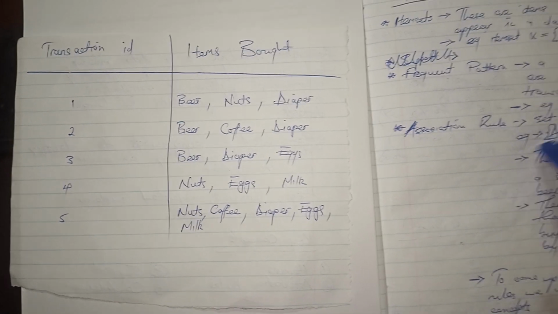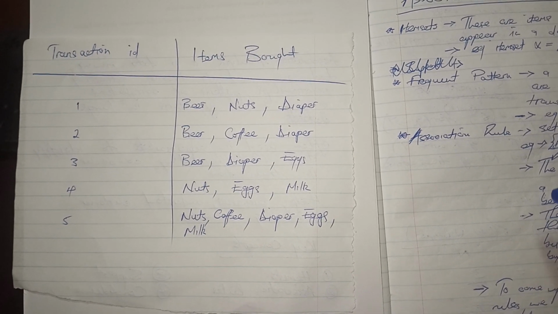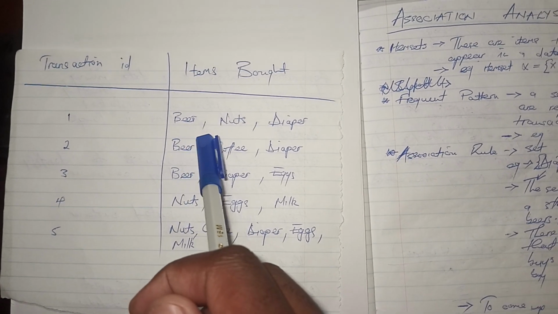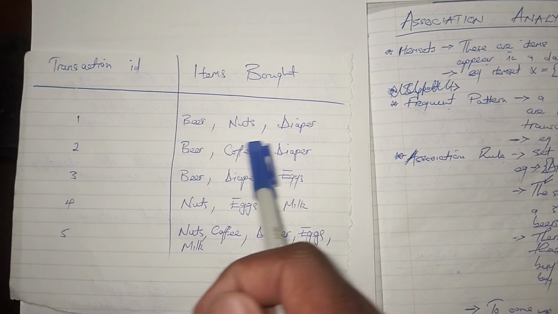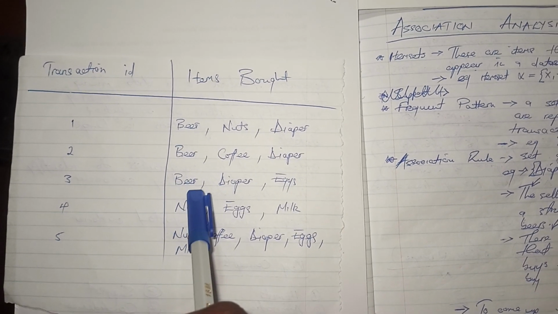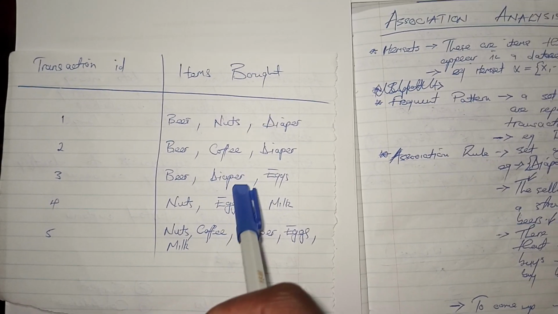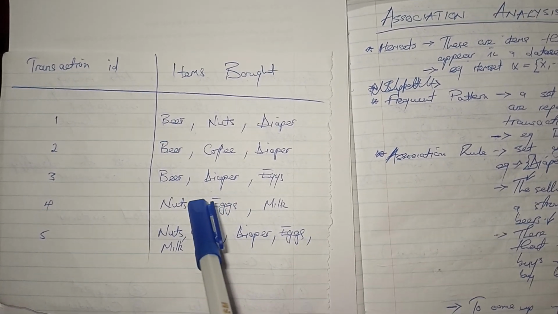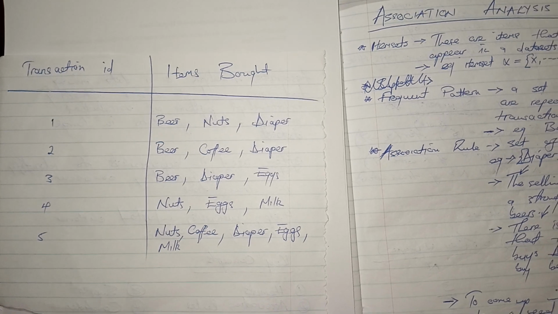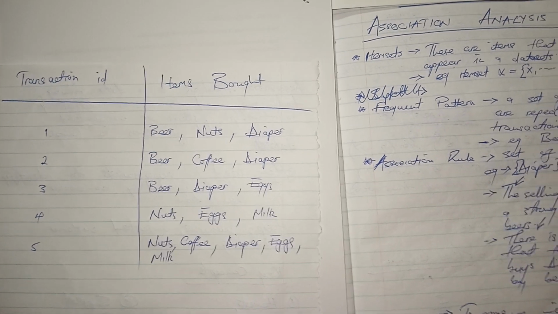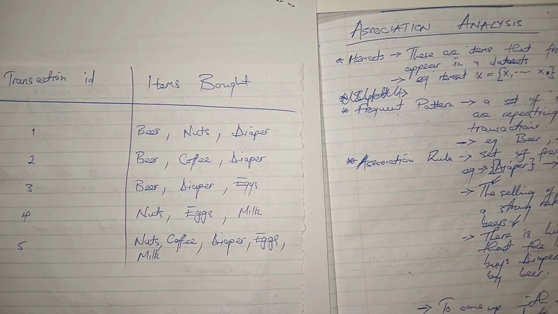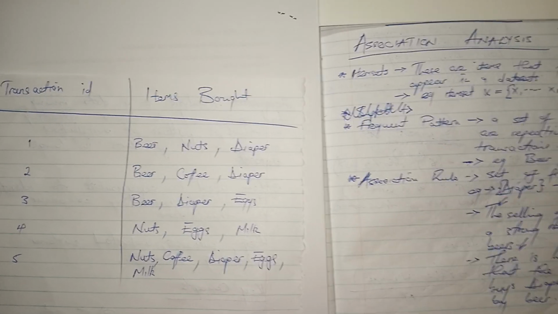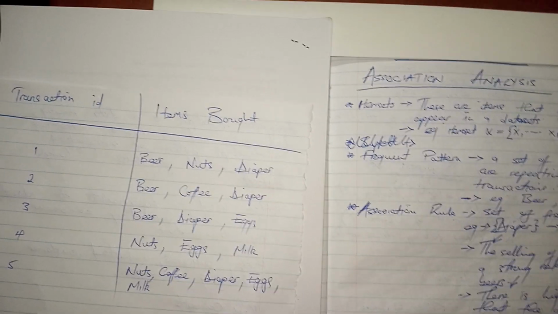For example, beer and diapers end up being an association rule in the sense that they frequently appear together in the trolleys in our data set.